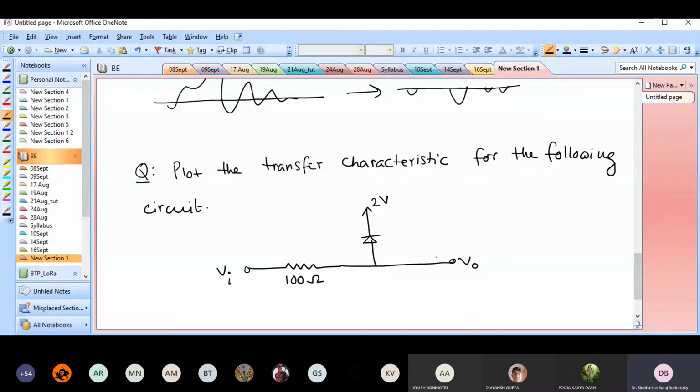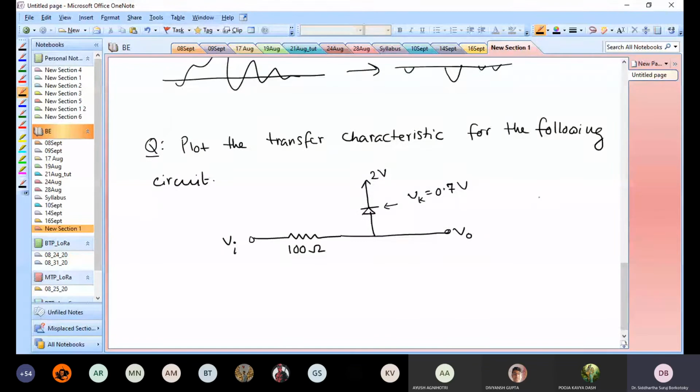And I am told that this diode has a VK of 0.7 volts, the knee voltage. Different terms people use. But it will become clear when your question clearly mentions it. If you see this VK, then it's the knee voltage. Sometimes someone might call it the barrier potential.